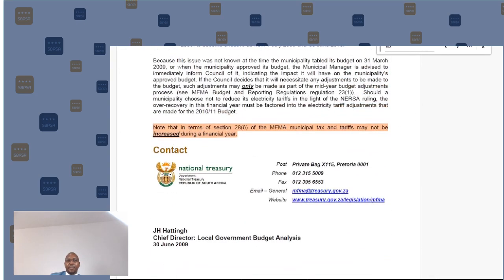But notably, it states that in terms of section 28(6) of the MFMA, municipal tax and tariffs may not be increased during the year. Remember, municipal tax is dealt with in the MFPFA. It gives that indication that municipal taxes may not be increased during the year, but it doesn't state that municipal tax and tariffs may not be decreased during the year. It's talking about an increase there.